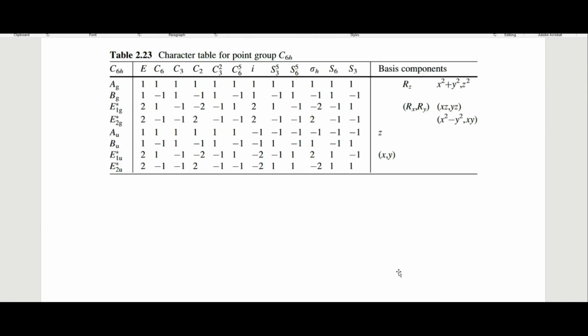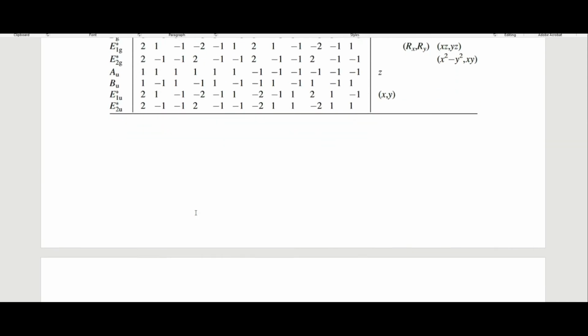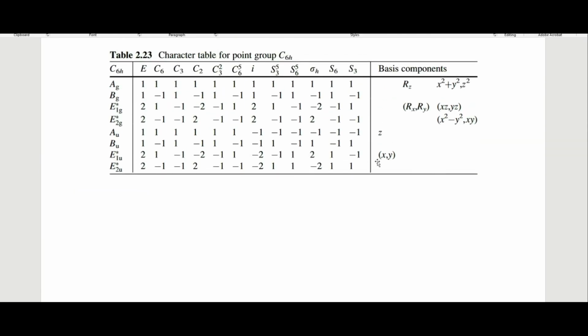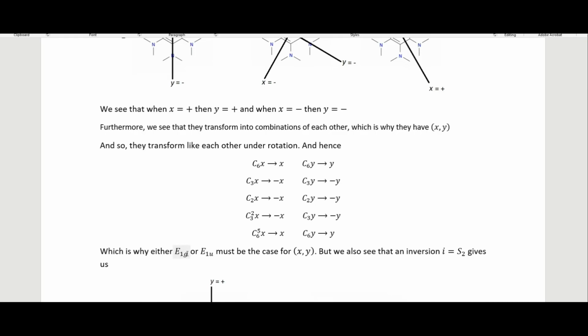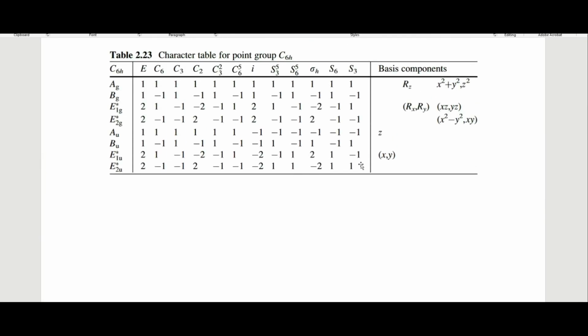So we can look up at our table here, and we can already see what the answer is, but we can see that it must be either the E1U or the E1G, because the C6 has to be positive, the C3, C2, and C3 squared all have to be negative, and the C6 to the 5th has to be positive.